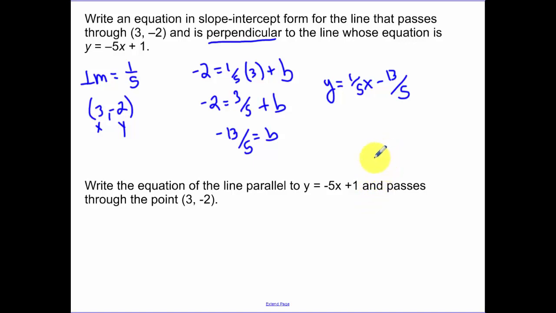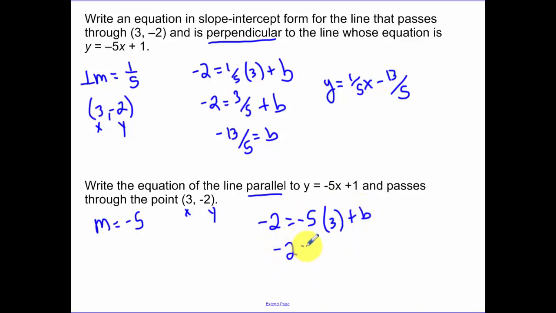Okay, so now when I want to write the equation of the line that's parallel, our slope is the same as what we have there, and we go through the point -3, 2, so y equals mx plus b. 2 is equal to -5 times -3, which is 15, plus b.